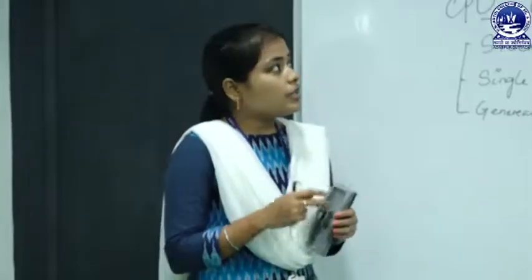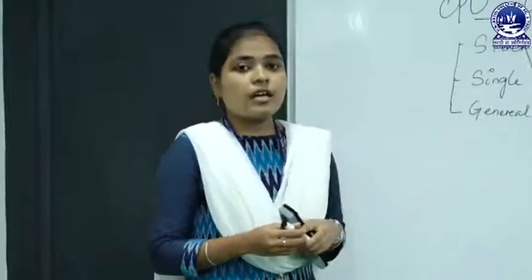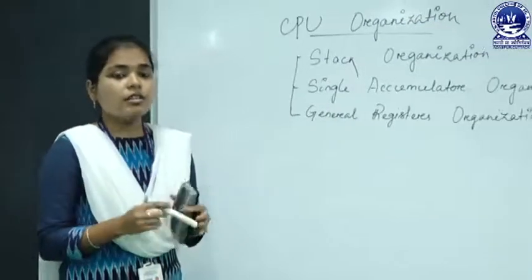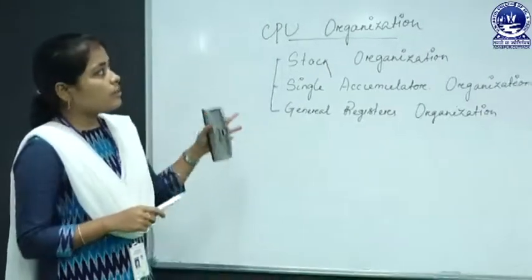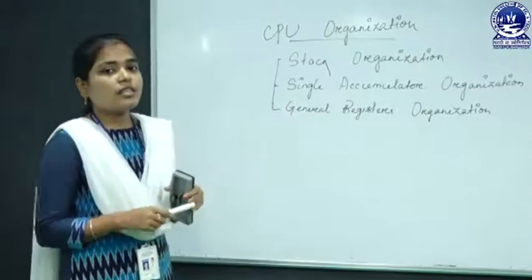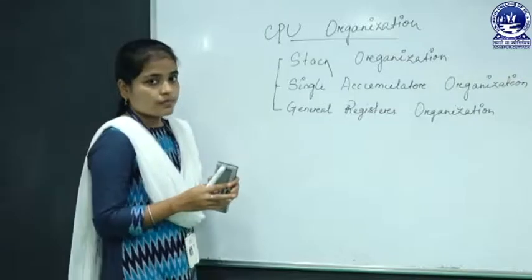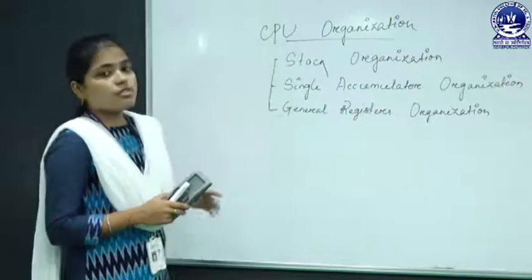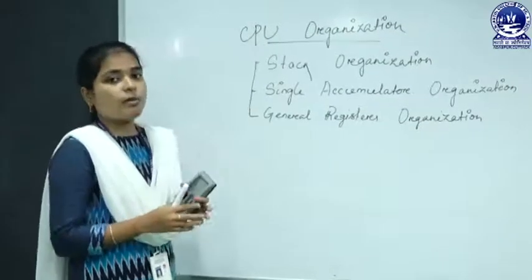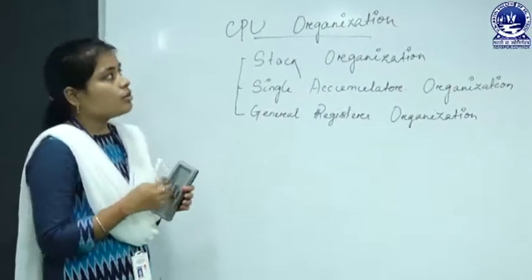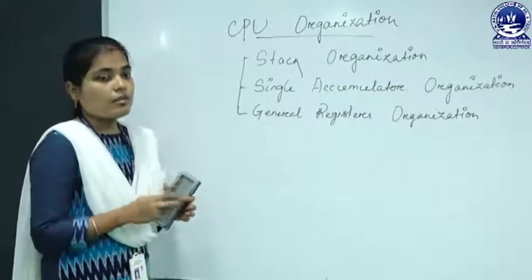We give instructions to the computer system, and on the basis of that instruction the computer performs the operation, and it also has to decode that instruction into machine level language, in the form of binary values, that is zeros and ones. To write the instruction, we have some instruction formats, by using which we give instructions to the computer so that it will decode on the basis of that.